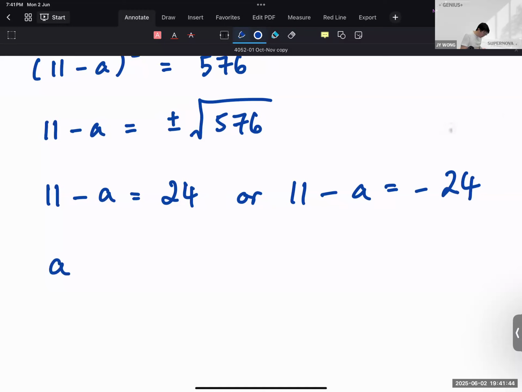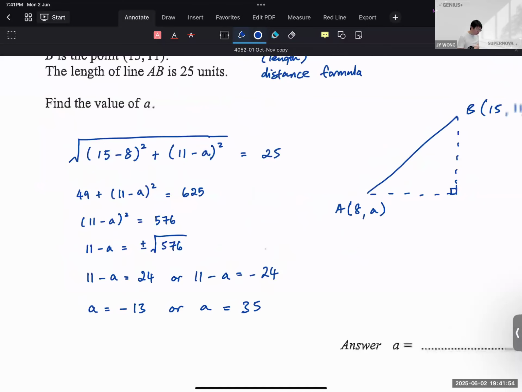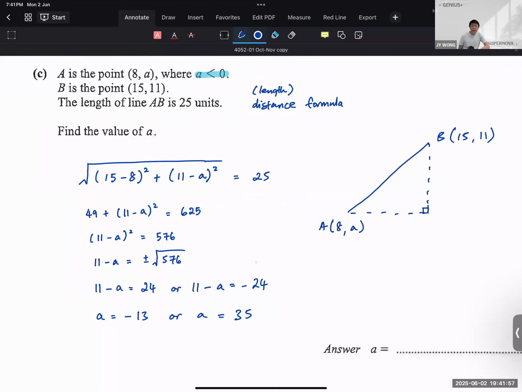And therefore you will have a equals to negative 13, or a equals to 35. There are two solutions to a here. Be very careful. Which value of a do I reject? Which value of a do I reject? Kimi.